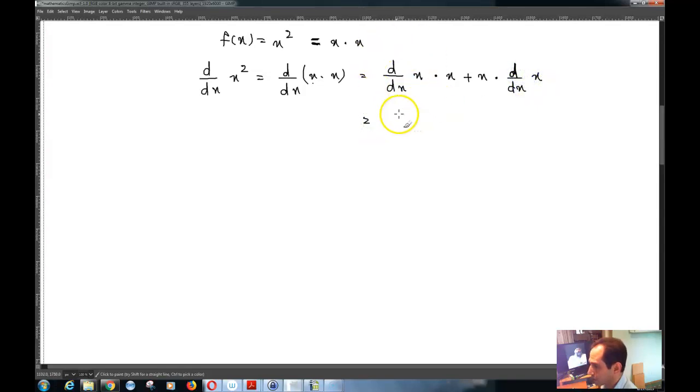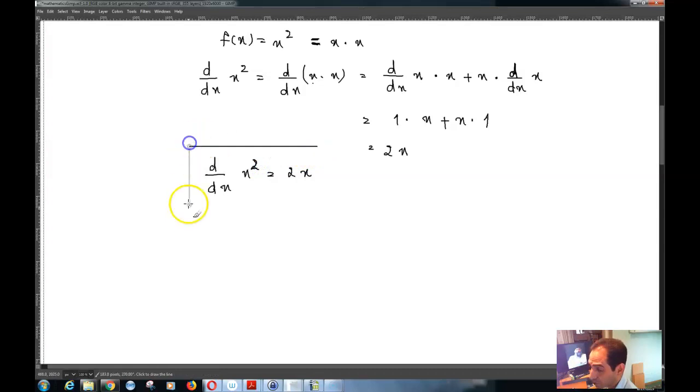So d by dx of x is 1, giving 1 times x plus x times 1, which is x plus x, which is equal to 2x. So that means that d by dx of x squared is equal to 2x.